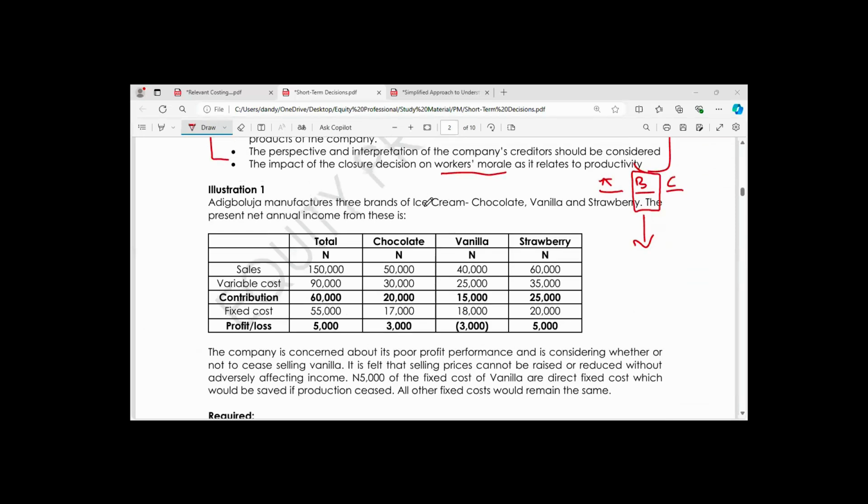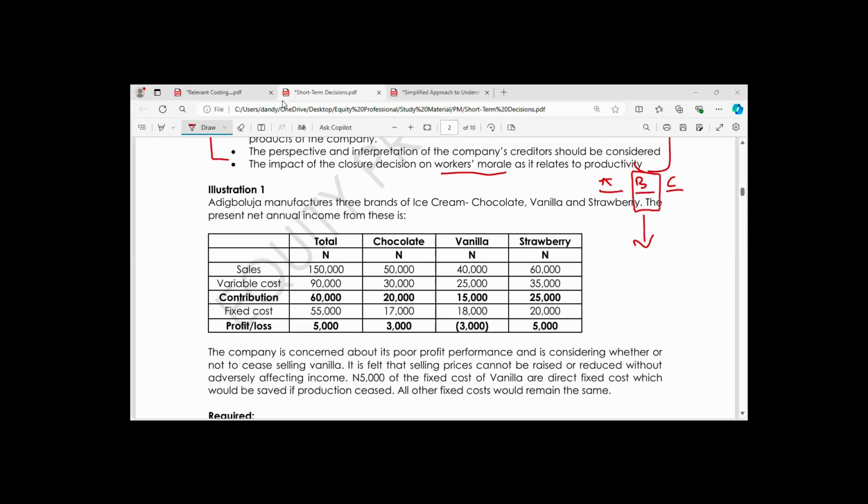Okay, so who will read for us? Adigboluja manufactures three brands of ice cream: chocolate, vanilla, and strawberry. The present net annual income from this is as shown.